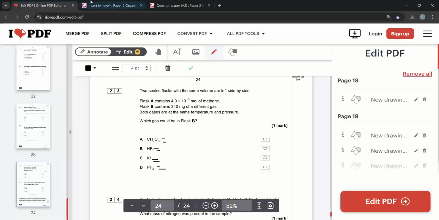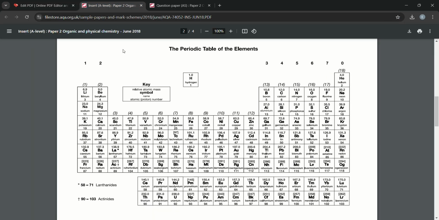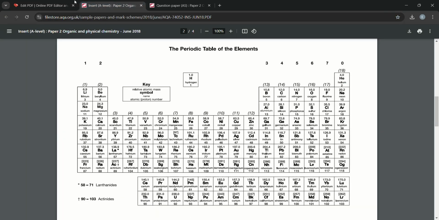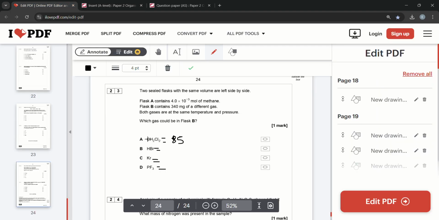So we've got CH2Cl2: 12 plus 2 plus 35.5 plus 35.5, that's 85. HBr, hydrogen plus Br, 79.9 plus 1, 80.9.